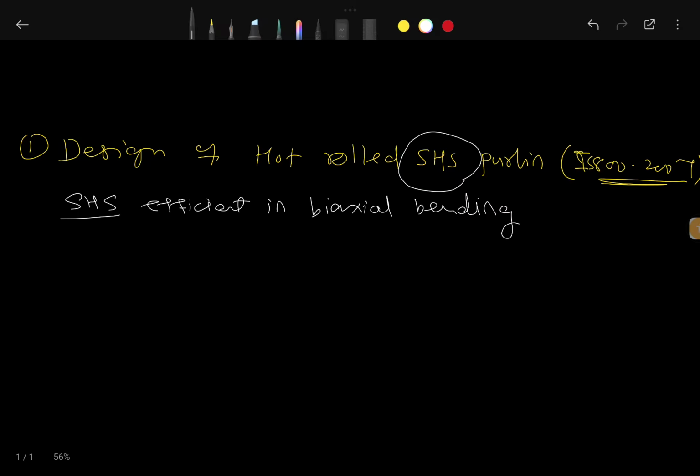And for a low slope roof, we can resolve the load into components parallel to the principal axis of SHS. First one, bending moment.